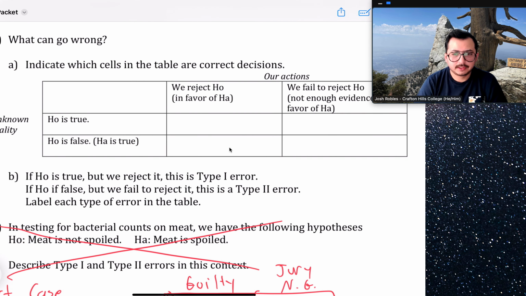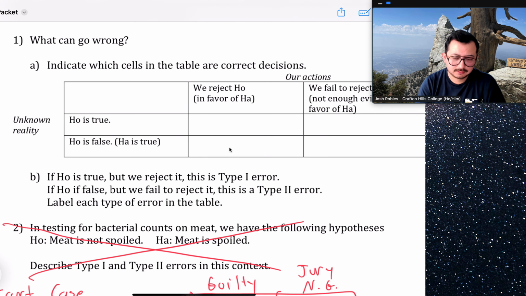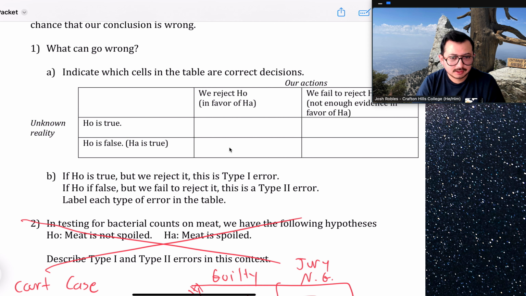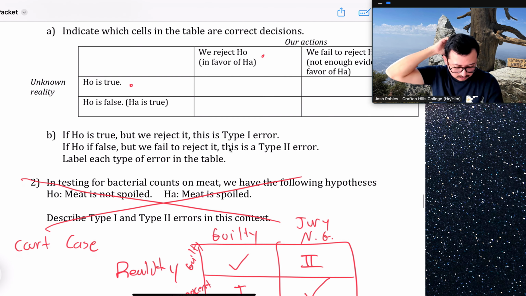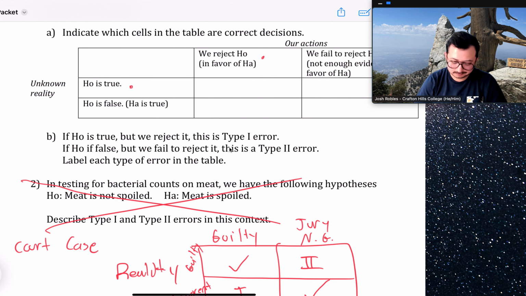But, okay. So, for the statistics, there's this unknown reality, and there's our actions. So if we reject the null hypothesis, and the null hypothesis is true, I swapped these a little bit, sorry. If the null hypothesis is true, we made a type 1 error.